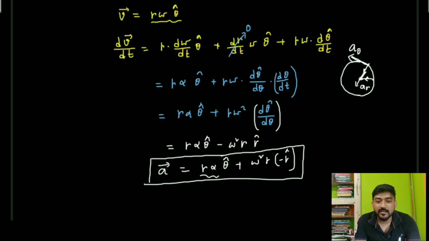Why along the inward direction? Because minus r cap shows that ar will be along the origin or the center. This omega square r part we like to call AC, or AR also. AC is equal to omega square r, and that will obviously be v square by r, putting v equal to omega r. This is nothing but the centripetal acceleration.